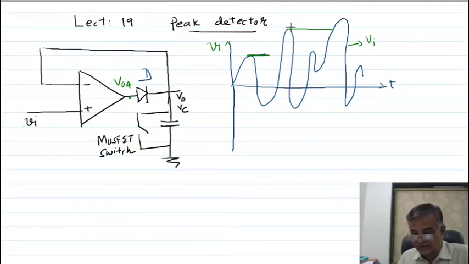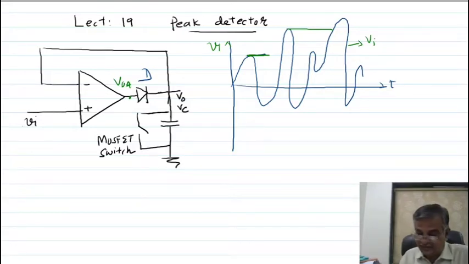Now you can see here the input voltage decreases. When the input voltage is less than VC, then VO is less than the voltage VC, and the diode is in reverse bias. As it is in reverse bias, this peak is not detected by the circuit.